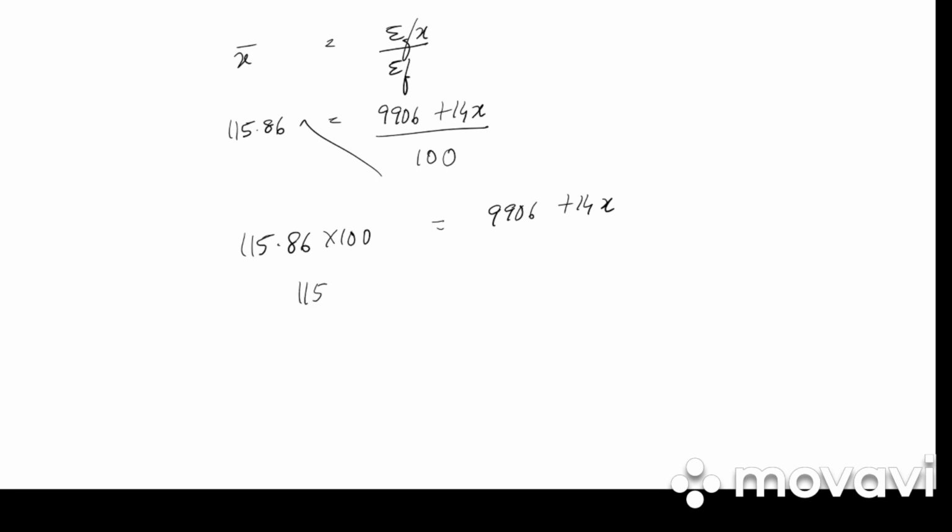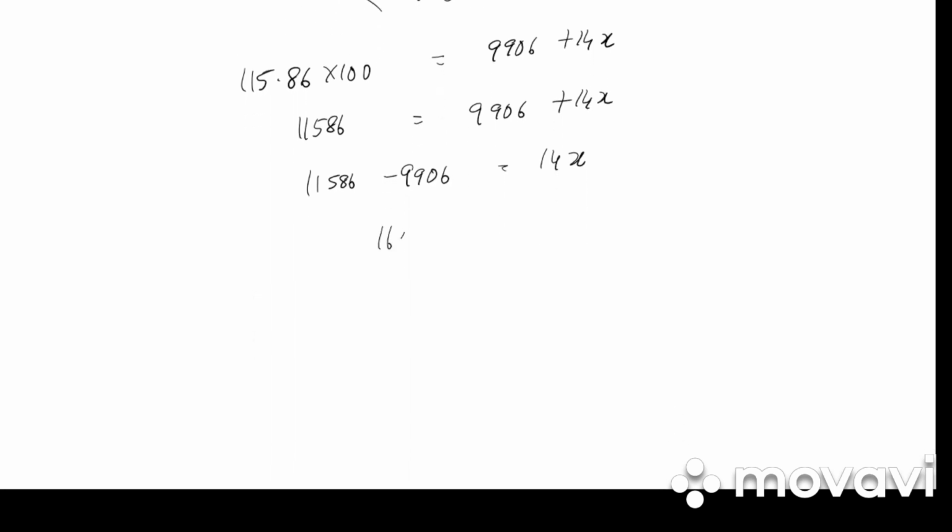We get 11586 is equal to 9906 plus 14x. 11586 minus 9906 is equal to 14x. 1680 is equal to 14x. X is equal to 1680 divided by 14, that is 120.